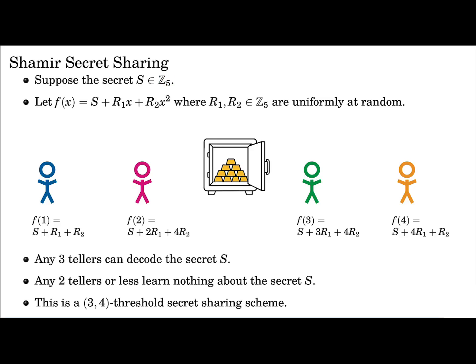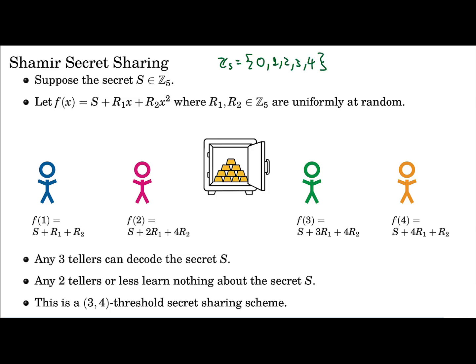The idea, like we said, is to generate a random degree 2 polynomial. So how do we do that? We have our secret, and then R1 and R2, which we are going to generate at random from Z5. Remember that Z5 is the set with the numbers 0, 1, 2, 3, and 4, where we do clock arithmetic.